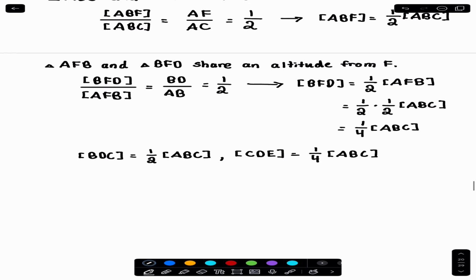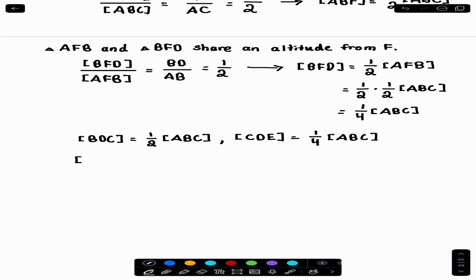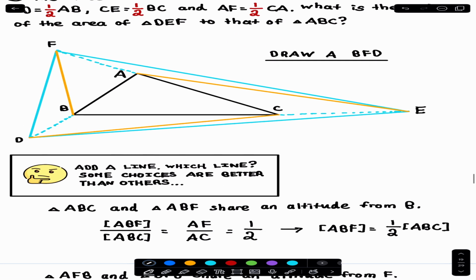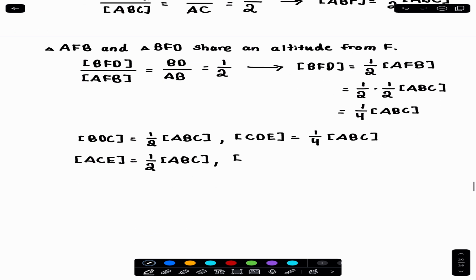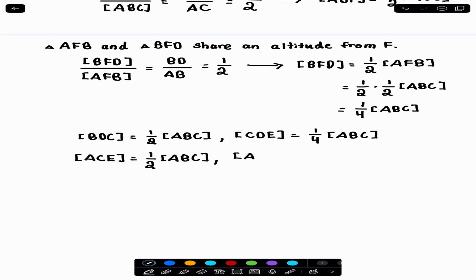You will also find that the area of triangle ACE is half as large as triangle ABC. And you will also find one final time, that triangle AFE is 1/4 as large as triangle ABC.